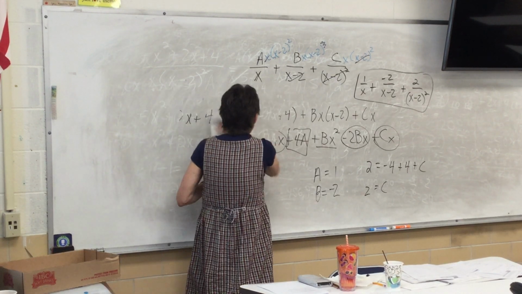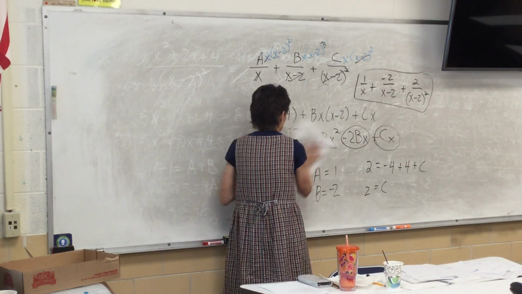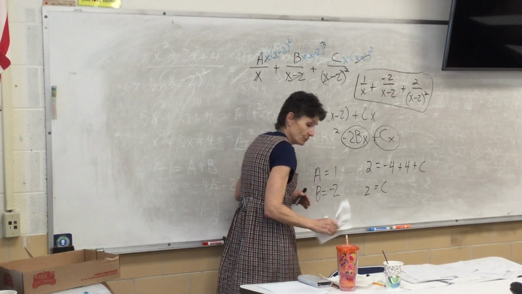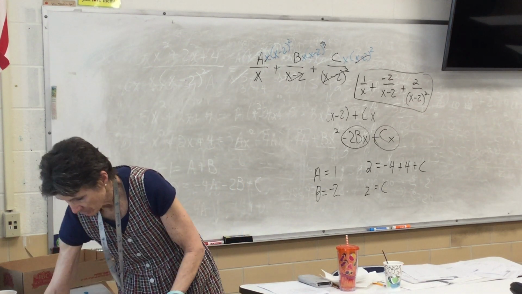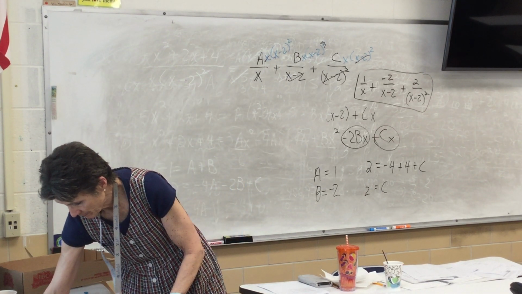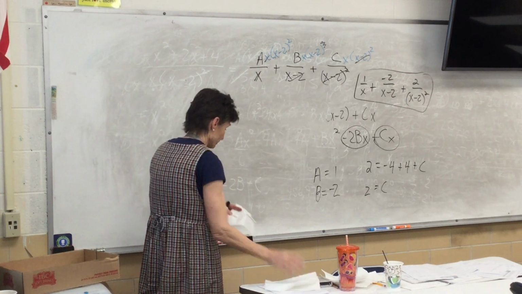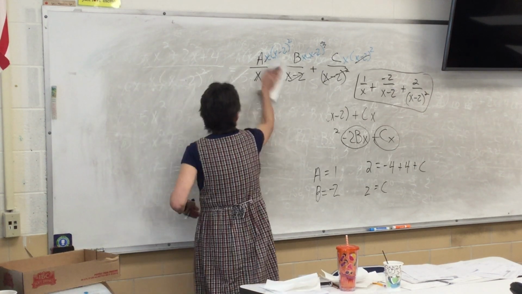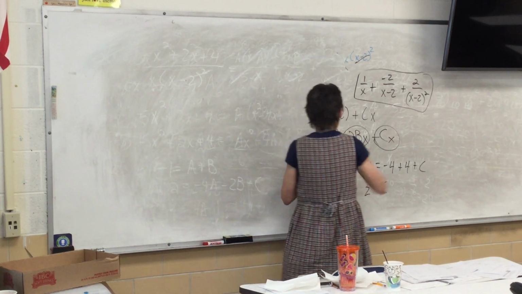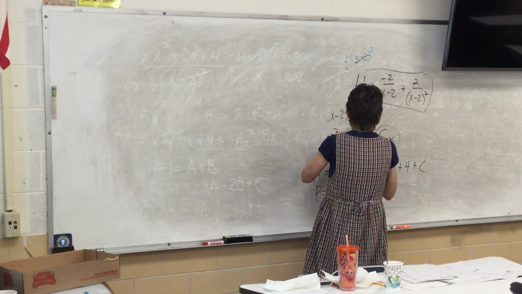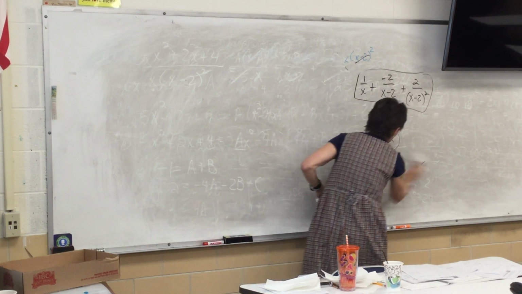All right, now we're going to graph. And this is old news, this is review. We did this before, earlier in the school year. So I'll go through it kind of quickly. So here we go.